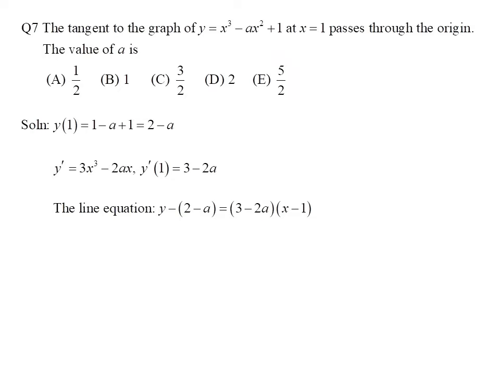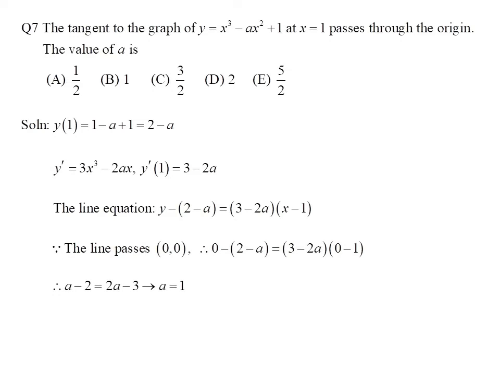Since the tangent line passes through the origin (0, 0), substituting 0 for both x and y, a can be calculated, which is 1. So our answer for question 7 is B.